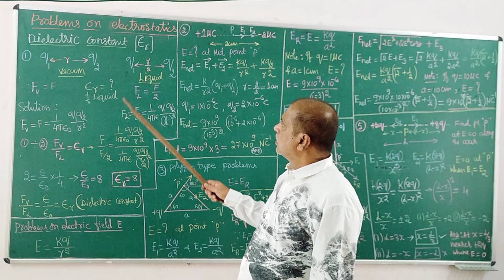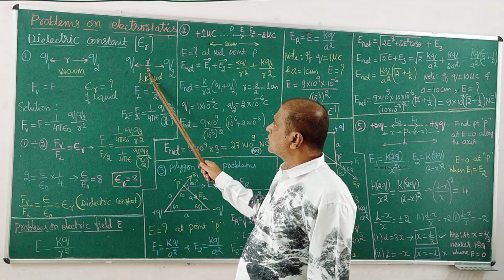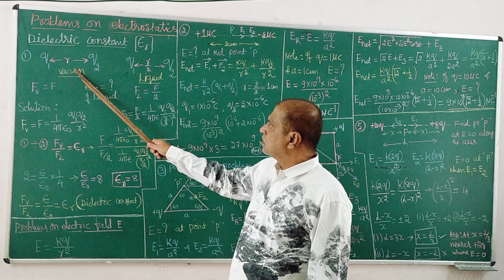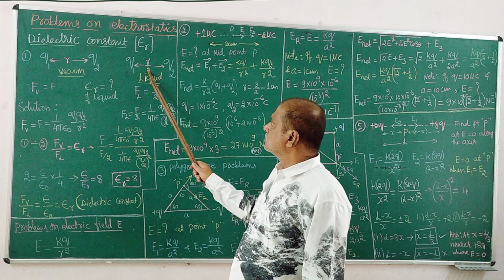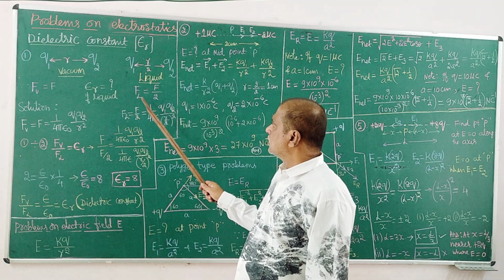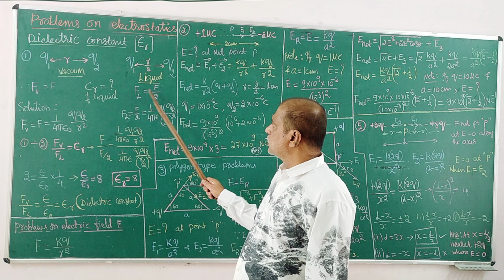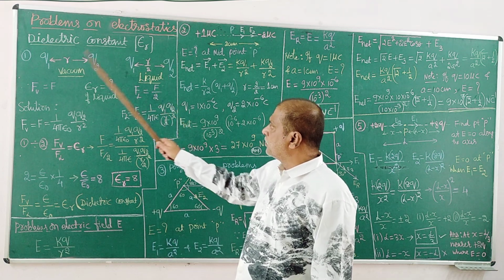Even if the distance between the two charges, if this is R, is reduced to half of that, in spite of it the force is reduced to 1 by 2 of this force.